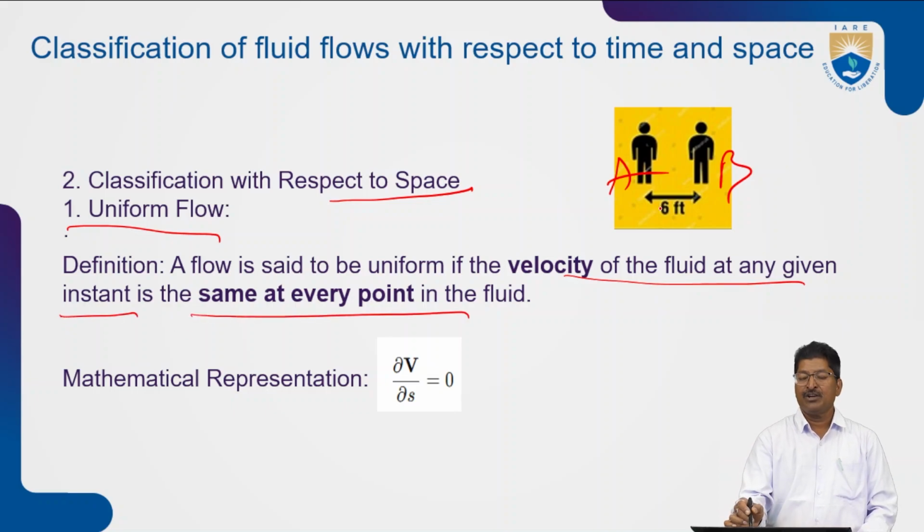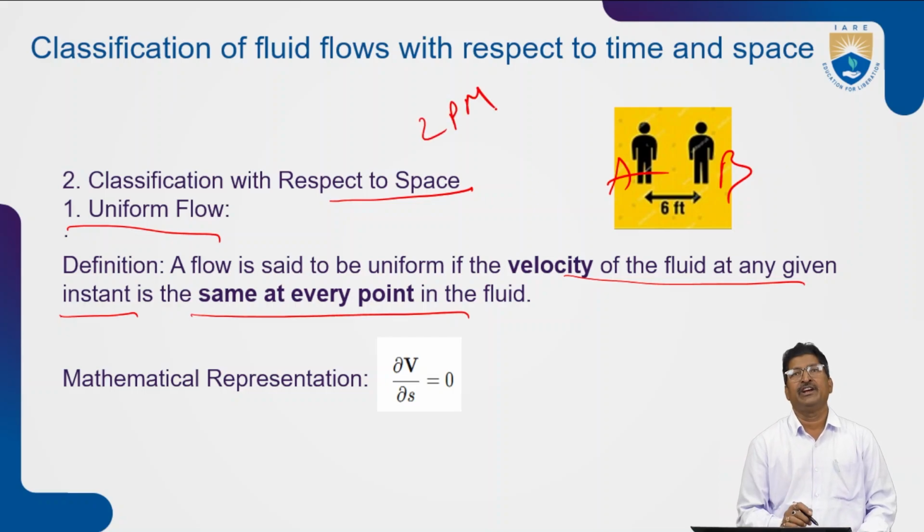That means if you measure from A to B, wherever you measure, it gives the same velocity at a given point of time. At 2 p.m., if you measure in between A and B, everywhere you will get the same velocity.